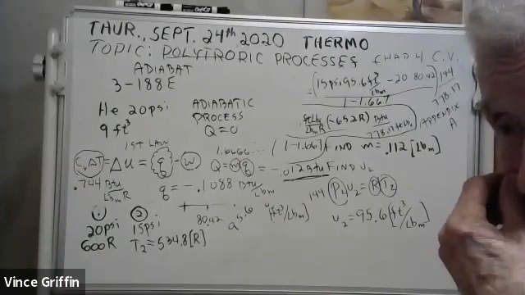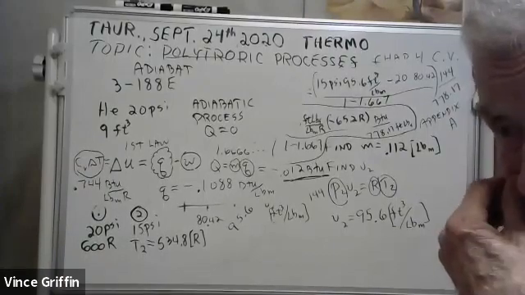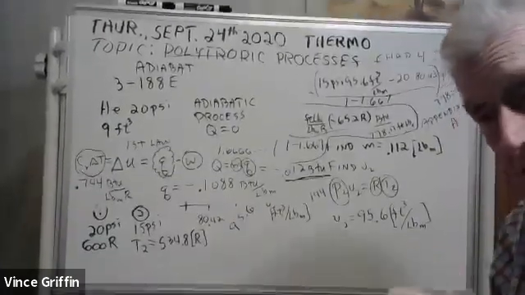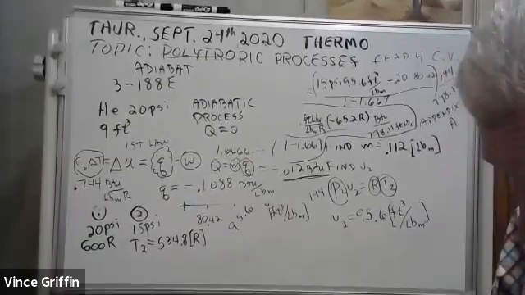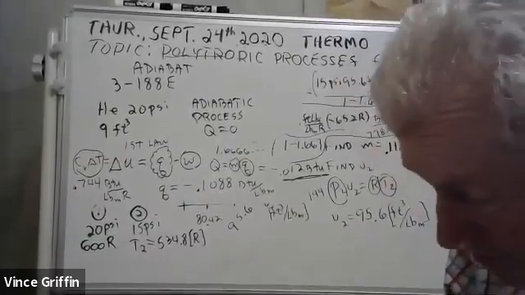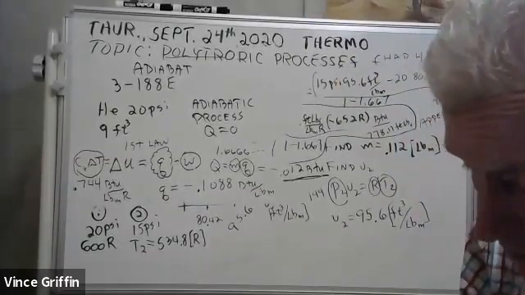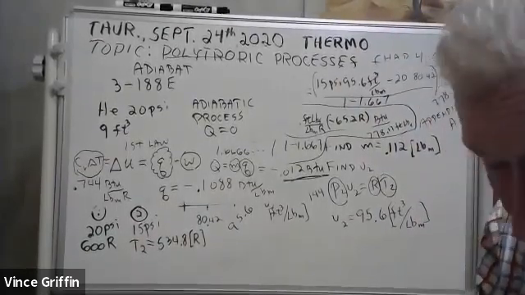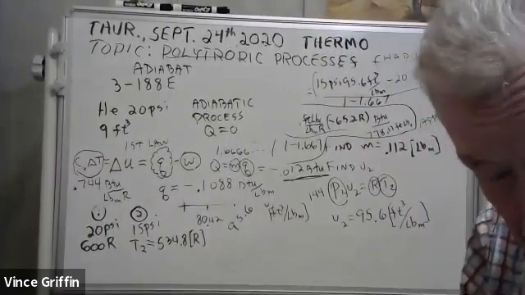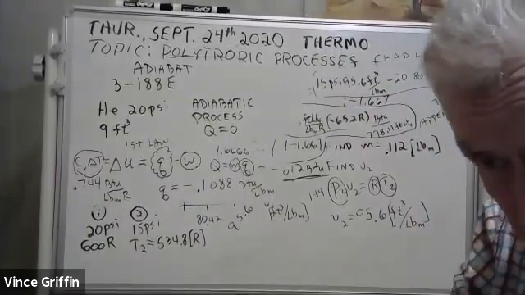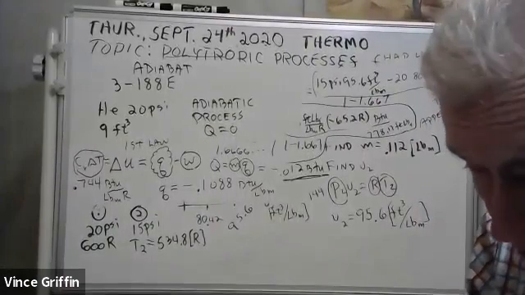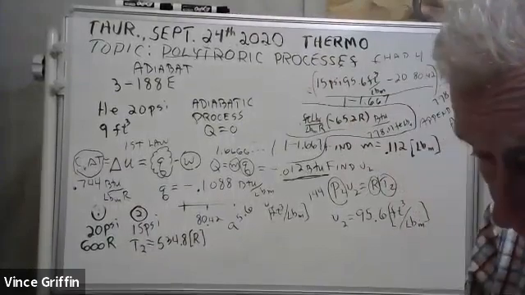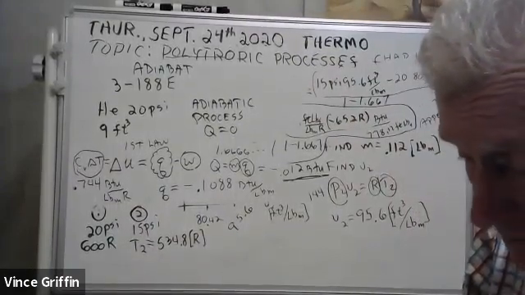Now there's two ways I know of getting an adiabat. One way is to insulate it. Now air makes an excellent insulator. They put fiberglass insulation in attics to insulate your house in the wintertime and in the summer. But that fiberglass is mostly air. It's got air pockets trapped in it.